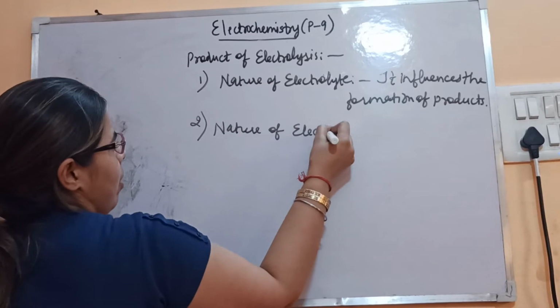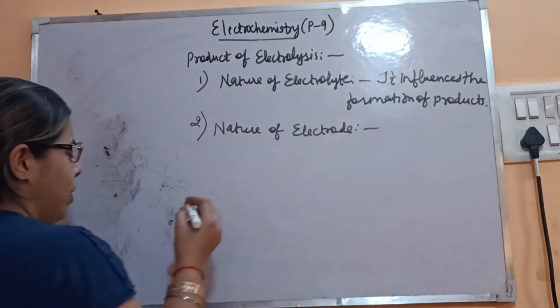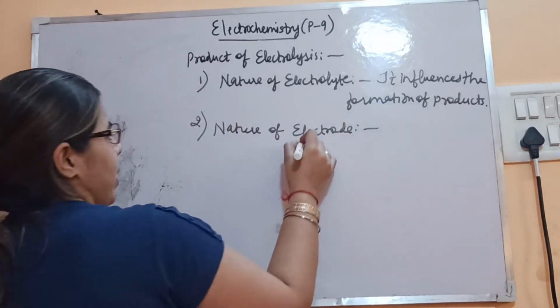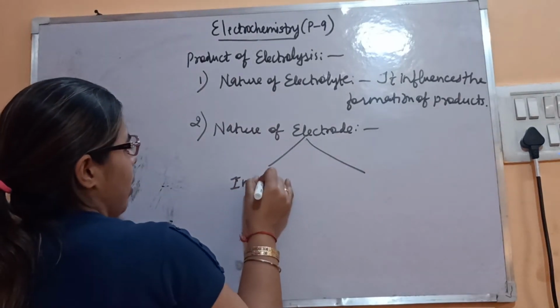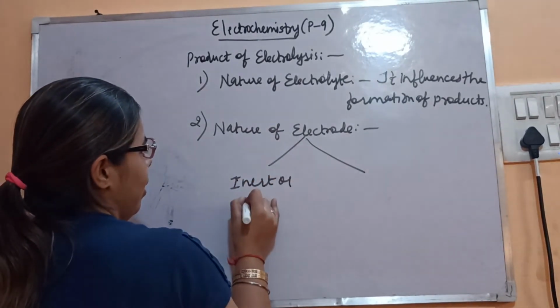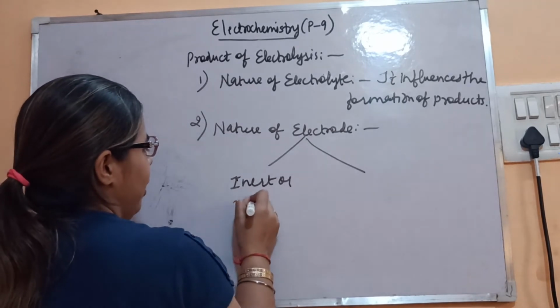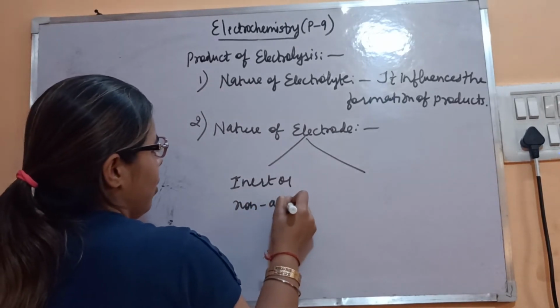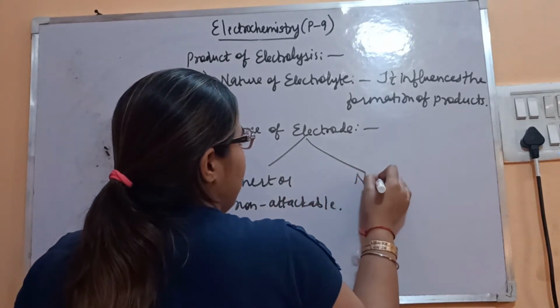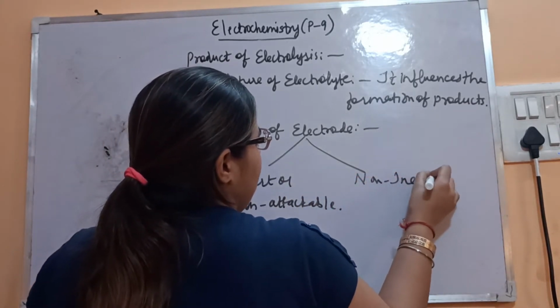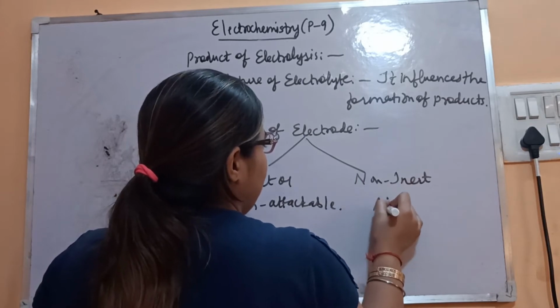Second, the nature of electrodes. Electrodes are of two types, inert and non-inert. Inert means non-attackable, which means they do not attack. Non-inert means attackable.